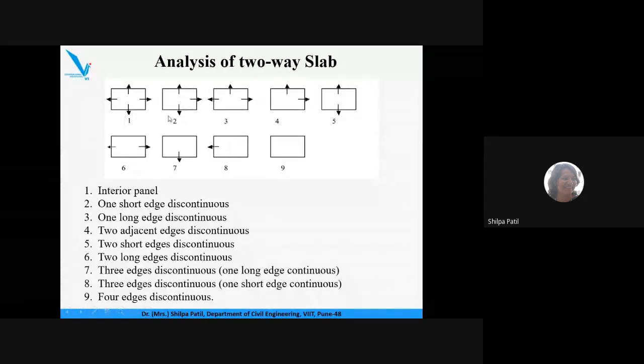Now the second case is the one where one edge of the slab is discontinuous and the other three edges are continuous. Continuous means there is another slab on this side, on this side, and on this side also, in such a fashion that the steel which we are providing for this slab will get continued in the side slab, or the slab which is constructed beside this particular slab.